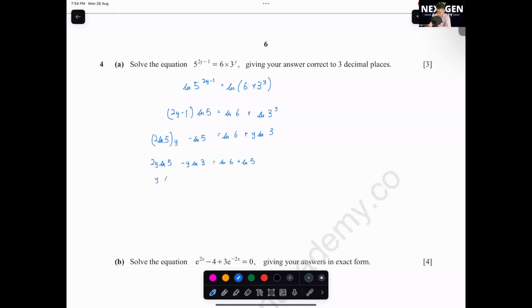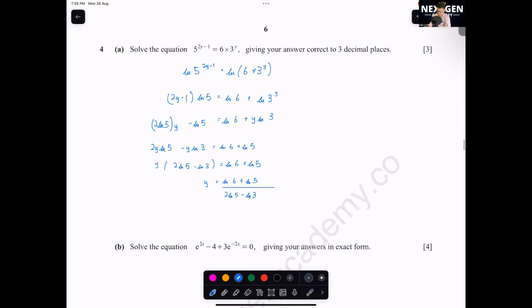I'm going to factorize out y, so here becomes y(2 ln 5 minus ln 3) equals ln 6 plus ln 5. So y equals ln 6 plus ln 5 divided by 2 ln 5 minus ln 3. Type this in the calculator. You should get y equals 1.604.